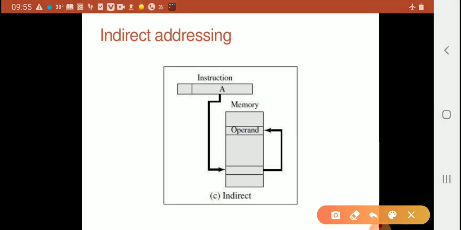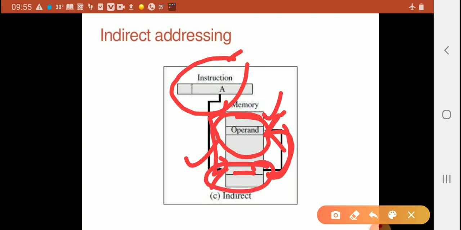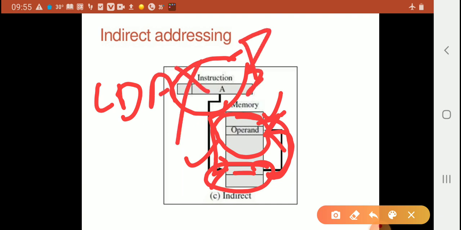Here the data is stored in a memory location, but indirectly, not directly. In direct addressing it was direct; here it works indirectly. For example, LDAX B. That means LDAX B loads the accumulator with the contents of the memory location pointed to by this register pair.